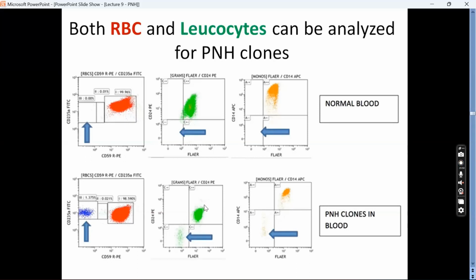Similarly, in neutrophils, though the predominant population is normal, expressing CD24 and FLAER, you find a small subset of neutrophils which are negative for CD24 and FLAER. Similarly, in monocytes, you find a small subset which represents the PNH clone, negative for CD14 and FLAER. And these are normal monocytes. So that's how we diagnose.